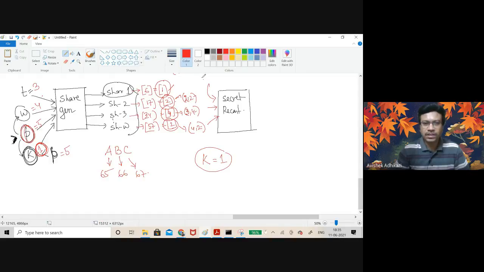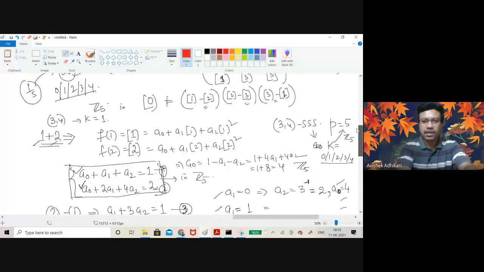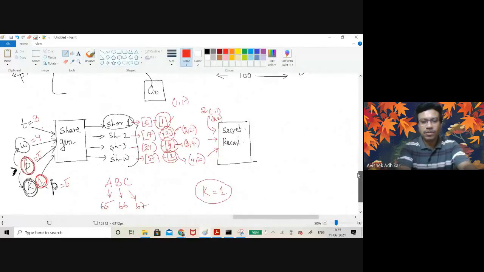Say somebody says I want to reconstruct with 2 shares. Then it will request him to insert 2 shares. Say he has given 1, 1 and say 2, 2. Then it will do the mathematical steps, like solving the system of linear equations, and whatever it is able to solve, it will return as the secret.